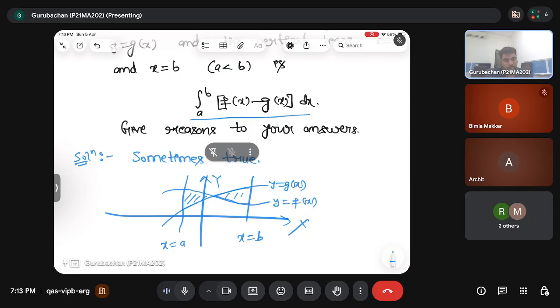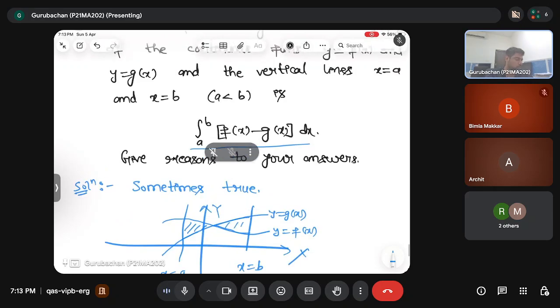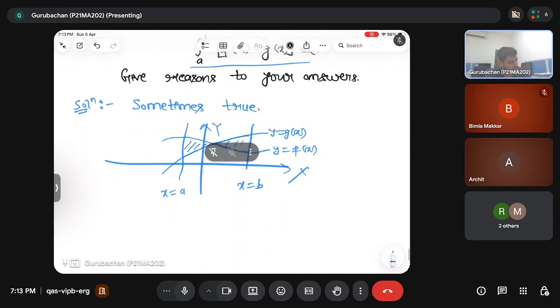And as Archit said, whenever g(x) is the upper curve, this will not hold. That is why in general, when calculating area, we take the mod of f(x) minus g(x); it doesn't matter which is the upper and which is the lower curve, the mod will manage that. So the area is ultimately positive.